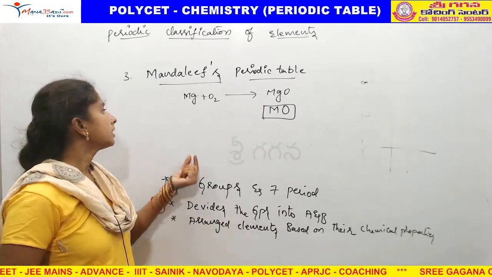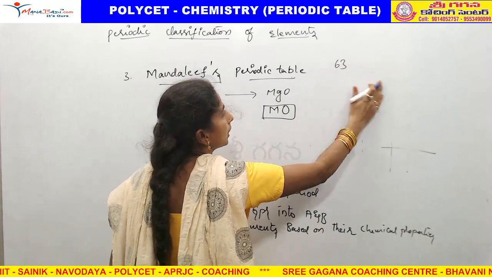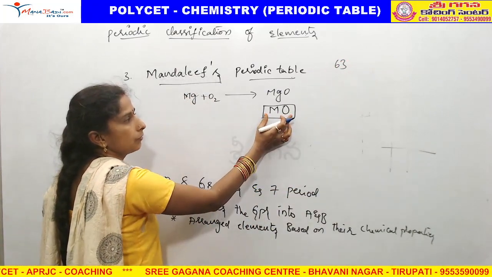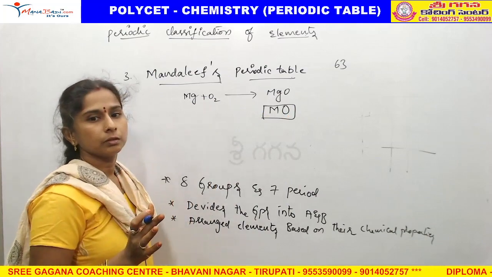He arranged these 63 elements, and the elements which fit this general formula, those elements he arranged in a group.